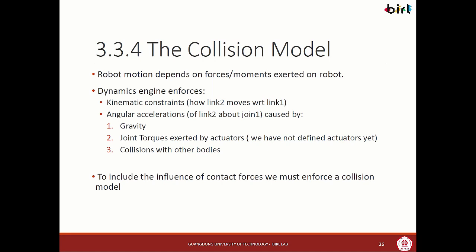For example, if I do this very fast with this joint, my arm will tend to want to keep moving in this direction, right? This has an effect on link 1. If I do this a little bit and I don't stop it, everything begins to bounce, right? Because there are forces created by this one that influence this one. Yeah, so those things are considered by the dynamics engines.